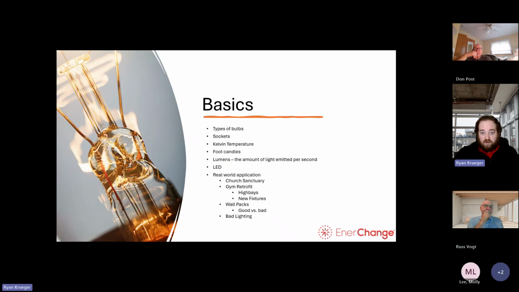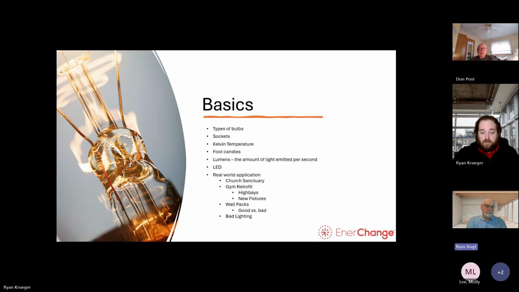So I'm going to cover the basics. I'm going to go through types of bulbs, different sockets, Kelvin temperature, foot candles, lumens, and then how all of that applies to LED. Then a couple different real world applications, like converting a church sanctuary to LED. Say you have a school attached to your church, there are different retrofit options for your gym fixtures, whether that be high bays or new fixtures, and I'll go through the number breakdown of both of those.